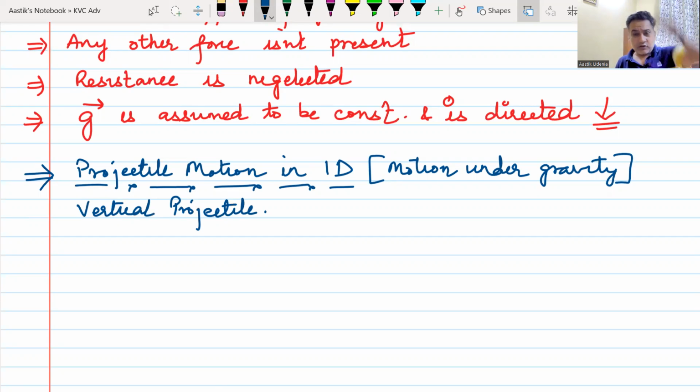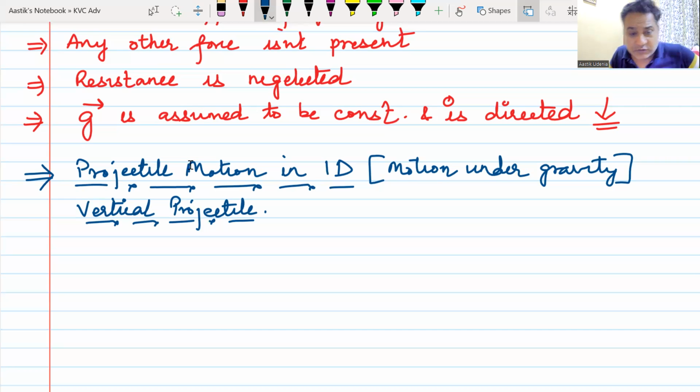Up and down and up and down, vertical projectile motion.